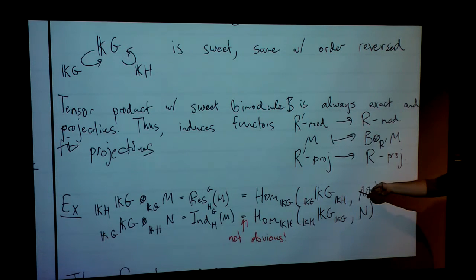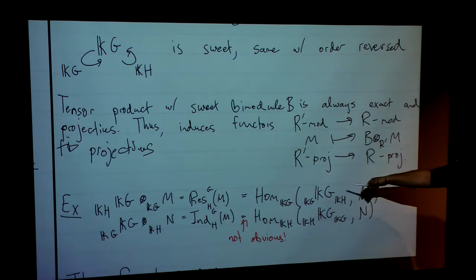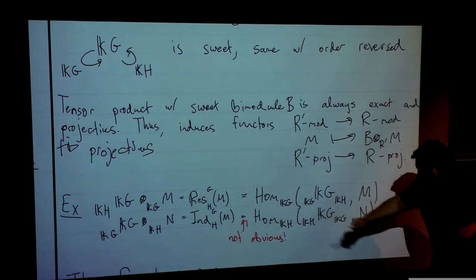I can also write this with the same bimodule but plotted backwards. If I swap the order of those, I tensor a K of H module, K of G over K of H, that's the definition of induction of representations of H. Whereas this equality on the top line is very easy, there's a not so obvious isomorphism from that induction to co-induction on the K of G.